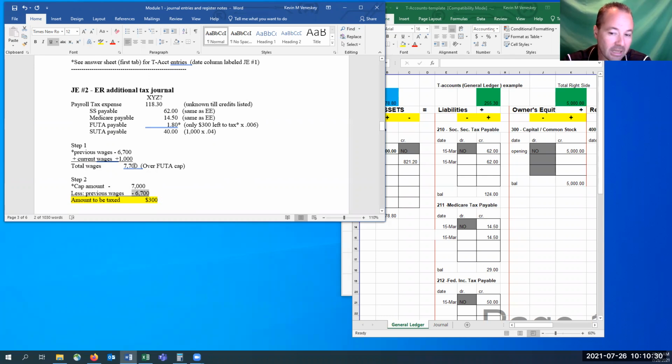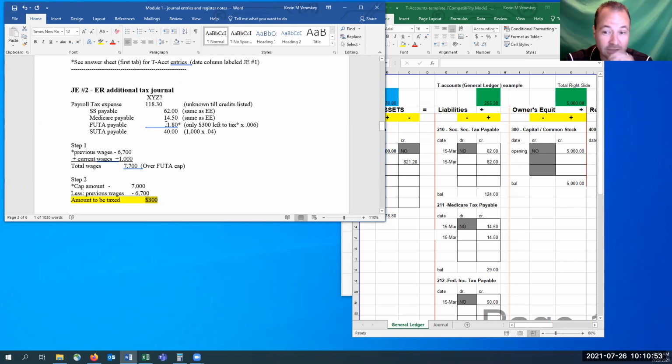No, I do not use the 7,700. That is the biggest item where so many students get the answer wrong. They try to plug this number in somewhere and you don't want to do that. All you got to do is take the cap minus where you are at. So that tells us how much dollars are left until you get to the cap, 300.